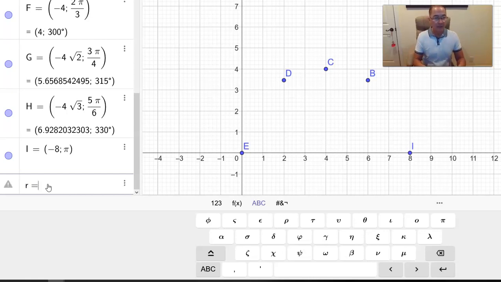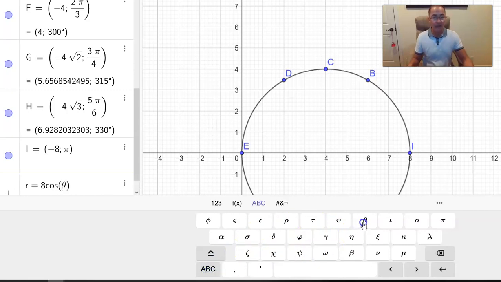So we have r equals 8 cosine of theta. When you call up the keyboard, this is what you will see. You click on the Greek letters, and then you can type in theta, or click on theta.